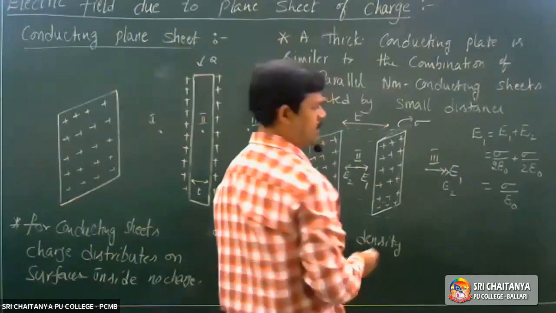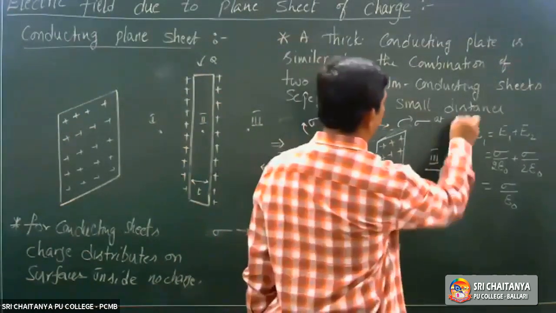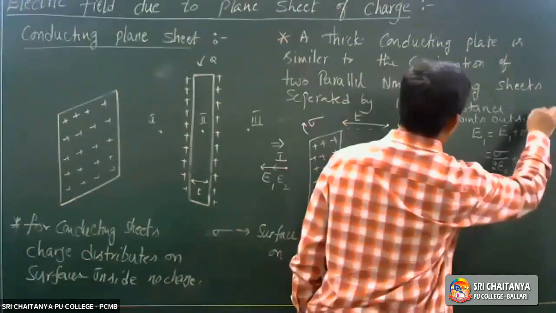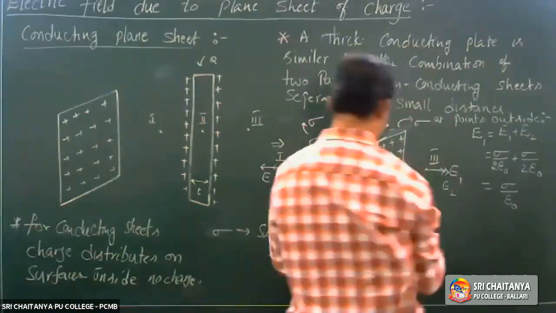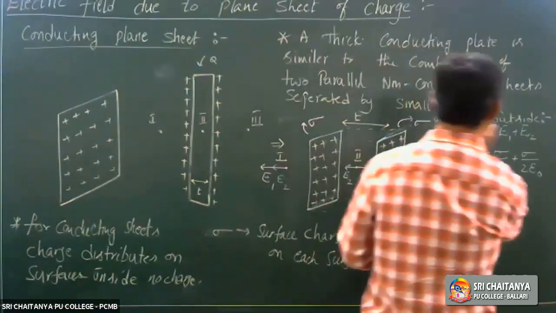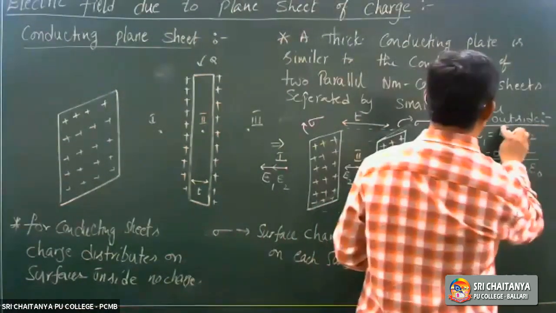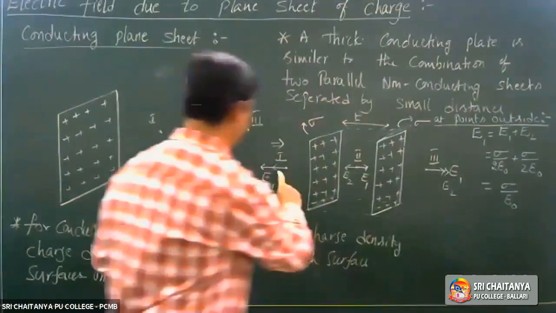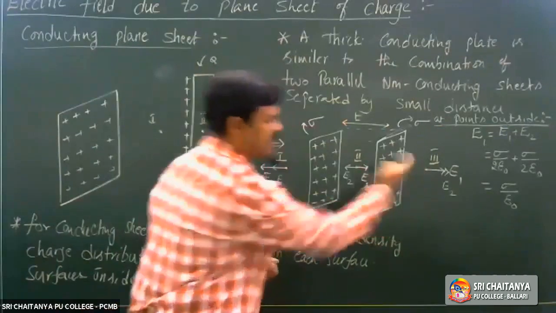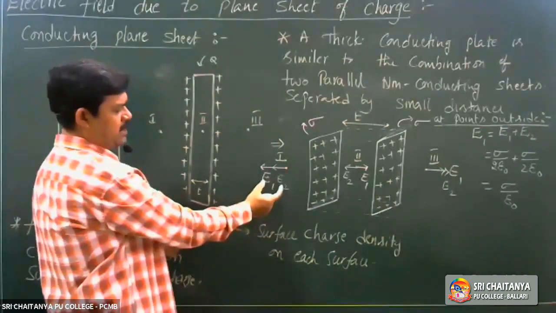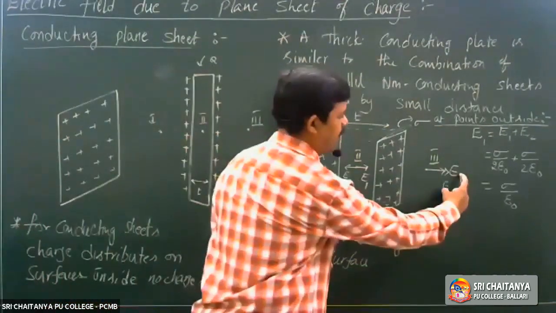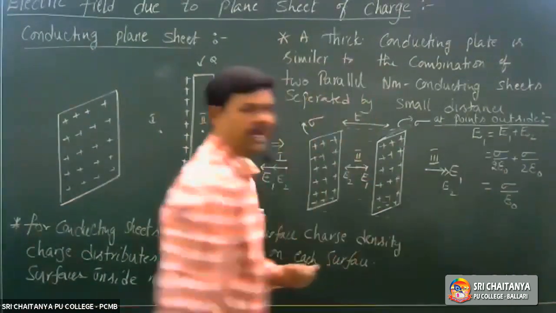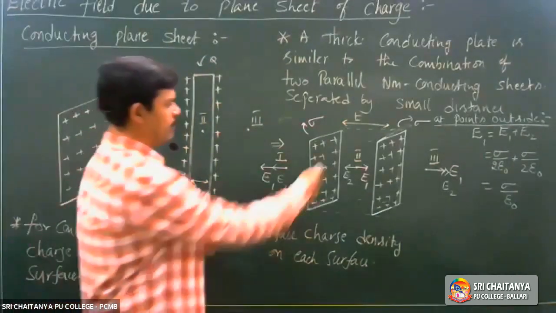So can I write like this? At points outside, at this point and this point, the net field is E1 plus E2. Here also the net field is E1 plus E2. So at points outside, it is sigma by epsilon naught.